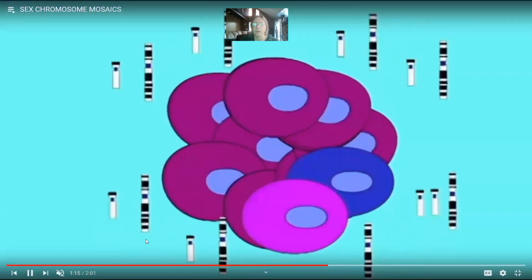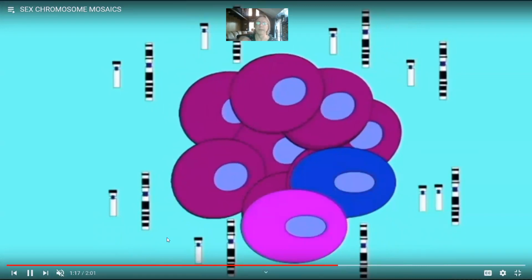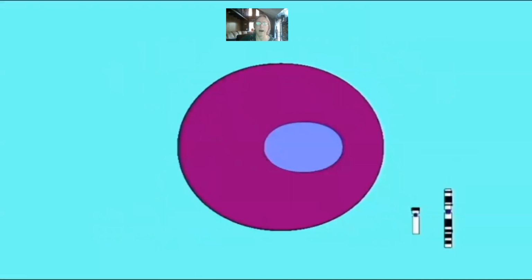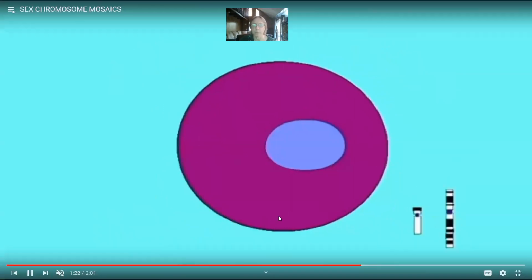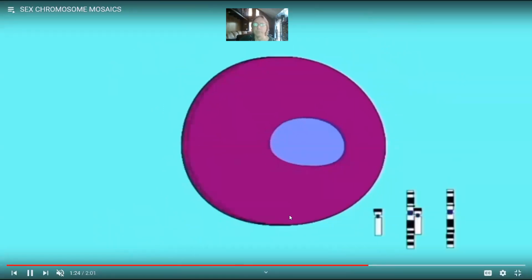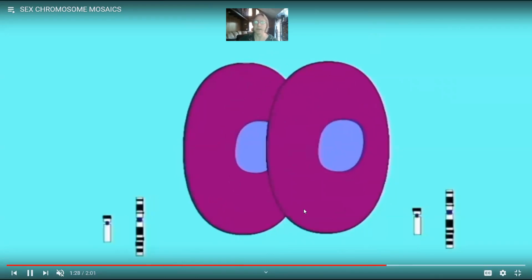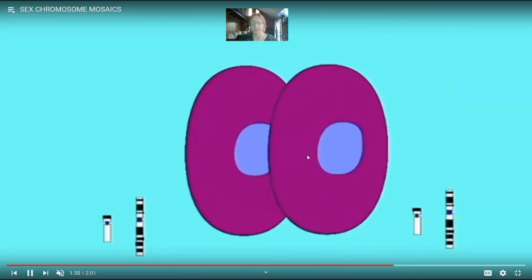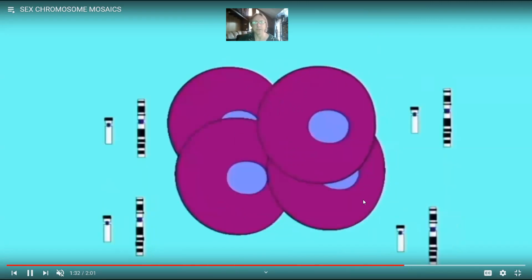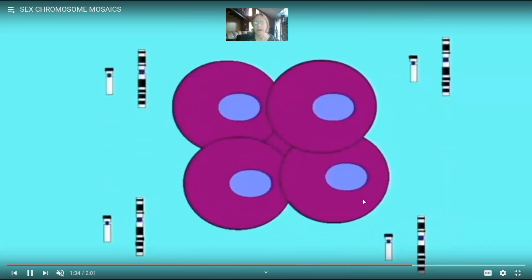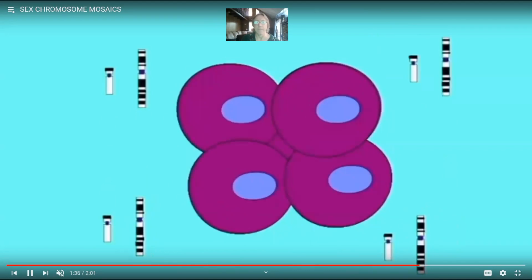All right. Now, this could happen with any chromosome, and therefore you could have a mosaic. But note that if it's happening with the sex chromosomes, the cells which are blue, they are XYY, but they are still male, as would all of the purple cells be male. But some of the cells just have an X chromosome, and they would then be female.